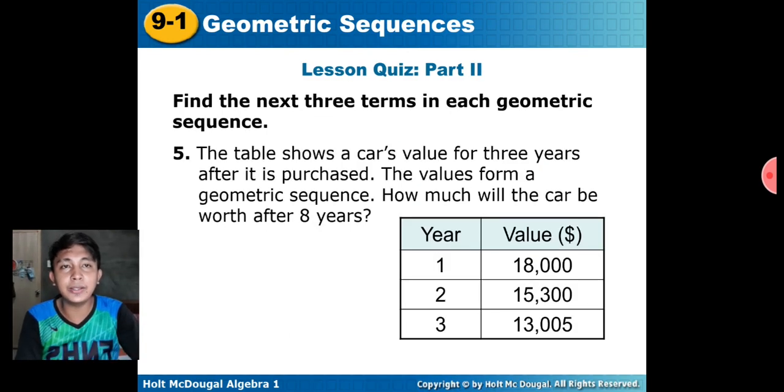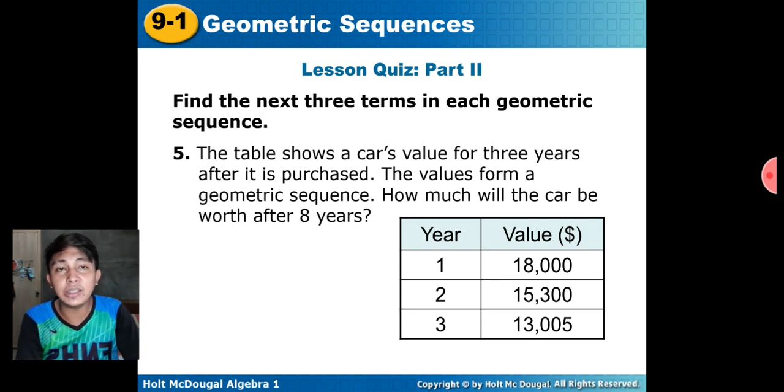Okay, sa part 2, we have word problem. Parang kanina lang rin, the table shows a car's value for 3 years after it is purchased. The values form a geometric sequence. How much will the car be worth after 8 years? Take note, 8 will be your n.